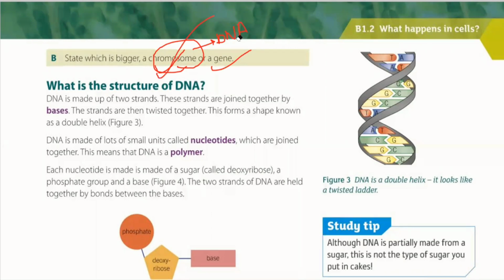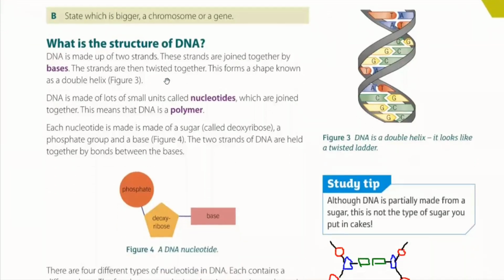Now we are moving forward to the structure of the DNA. So what's the structure of the DNA? To know the structure, it is saying that any DNA is made up of two strands. I'm using two strands here like this. This is one strand of DNA, so we are making the thread-like structure of it.